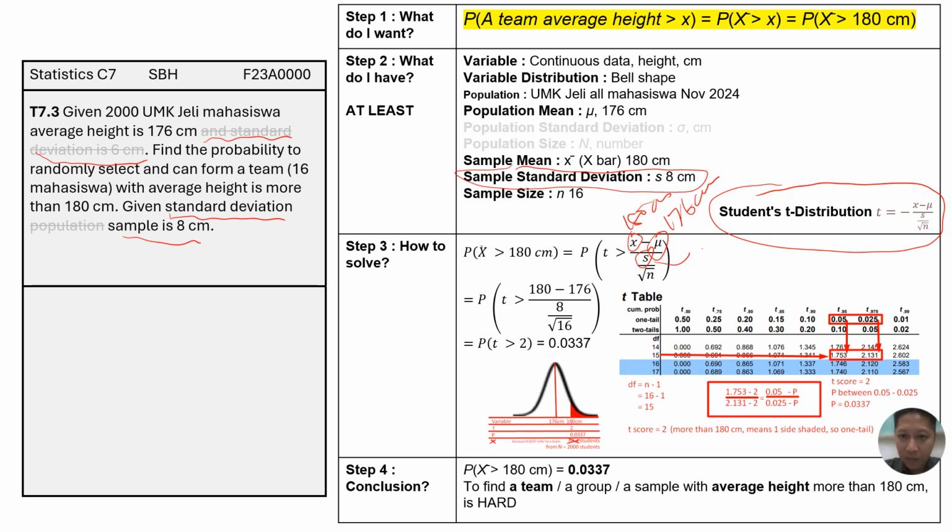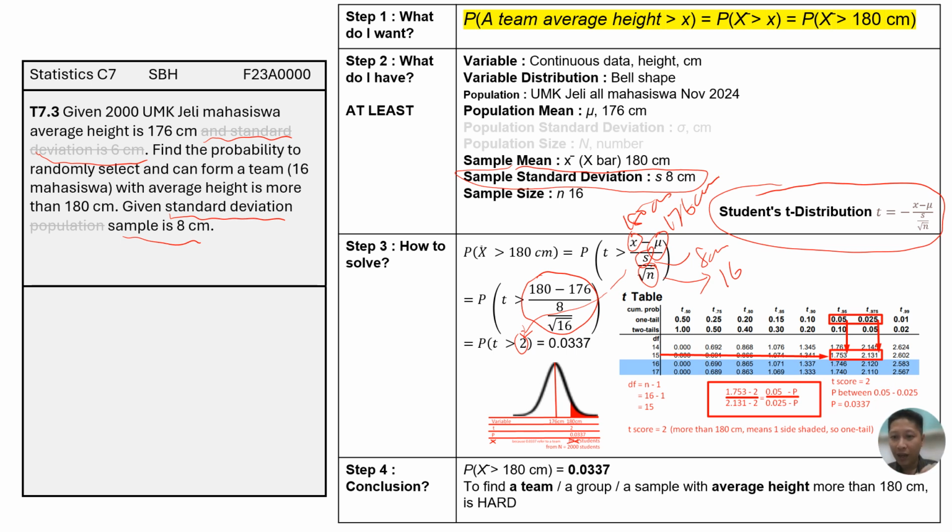That is 8 cm. And divide by the square root of n. And we have 16 students, 16 mahasiswa. Now we're going to simplify and we're going to get our T is 2 from here. This is 2. We don't want the T. We want the P, the probability.